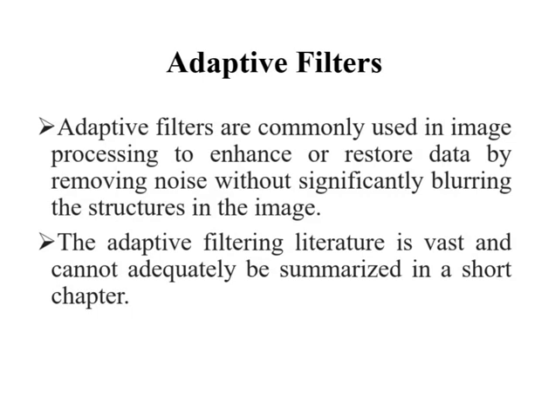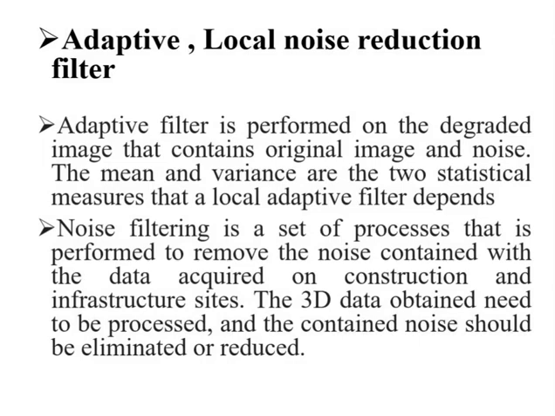We want the behavior of the filter to be as follows. If sigma n square is 0, the filter should return simply the value of g of x, y. This is the trivial zero noise case in which g of x, y is equal to f of x, y. If the local variance is high relative to sigma n square, the filter should return a value close to g of x, y.